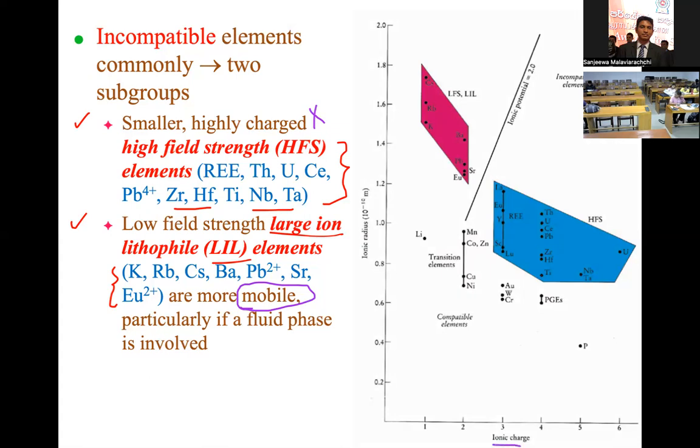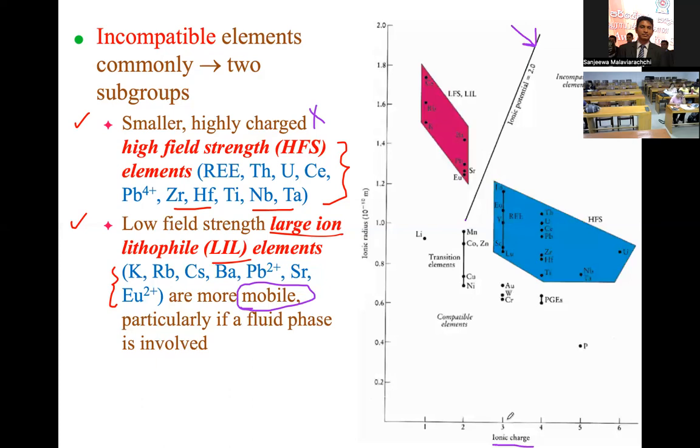Okay, so if we see the ionic charge and the ionic radius of these elements in a graph, it's possible to make a line like here, right? This is the ionic potential 2, because this is the boundary.